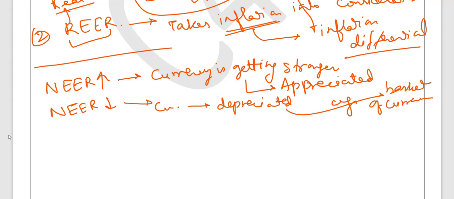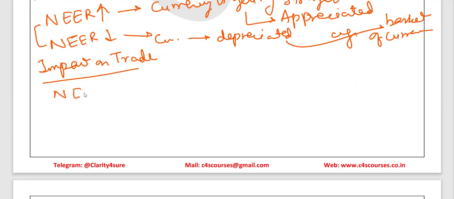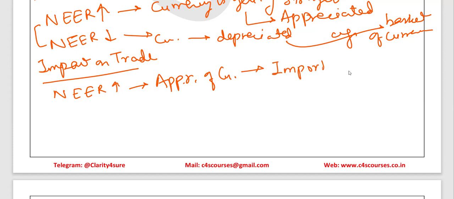Now we'll see the impact of increase or decrease of NEER on trade. So when NEER increases, appreciation of currency takes place. When currency appreciation takes place, that means imports are getting cheaper and exports are getting costly.